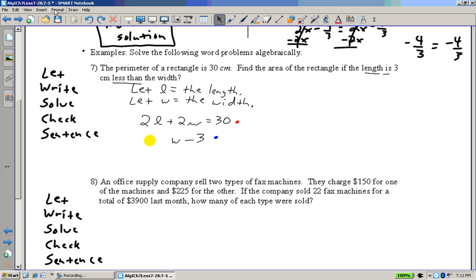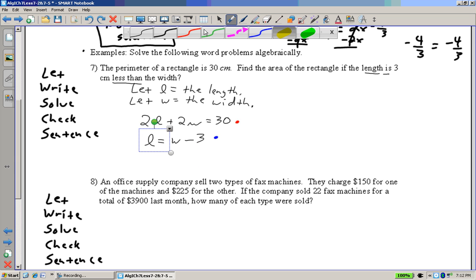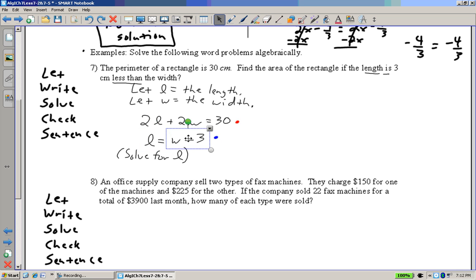So I'm just going to jot a note to myself that I want to solve for L. Okay, so red, we're going to solve for L. We're going to subtract 2w from both sides. 2L equals negative 2w plus 30.